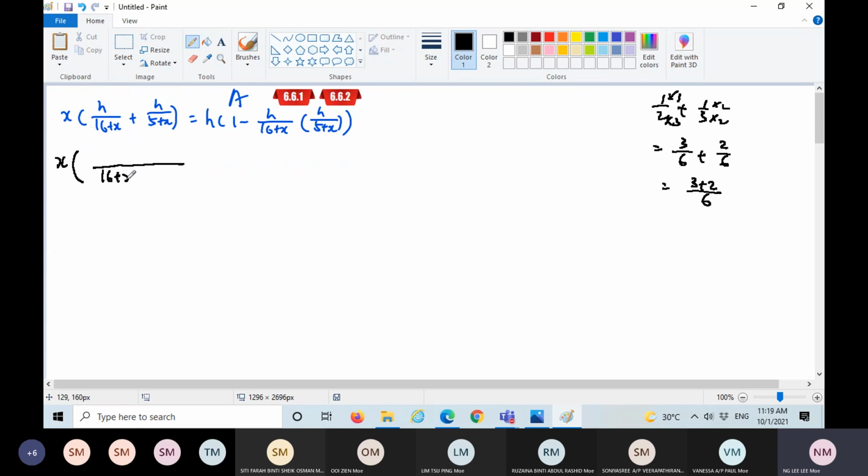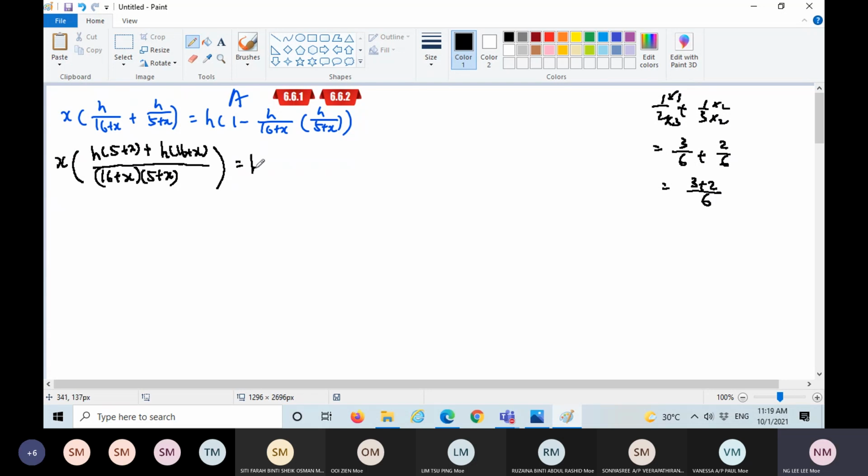So 16 plus X times 5 plus X. And then H times this, H times this. So here H times 5 plus X plus H times 16 plus X. I hope this one will help. By writing this, I hope you know where I get this whole thing. If not, my step will be very long.